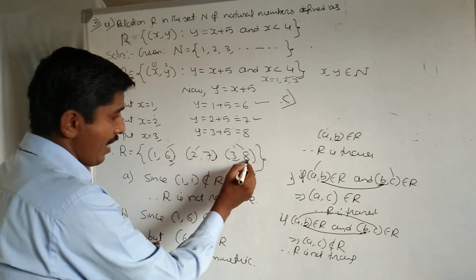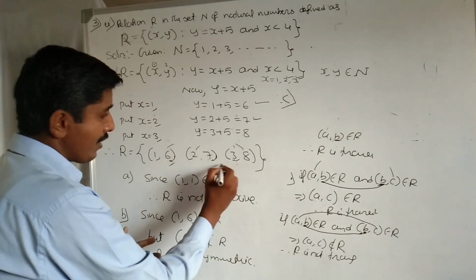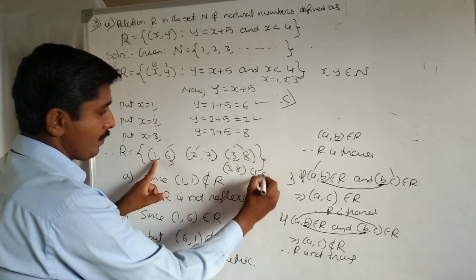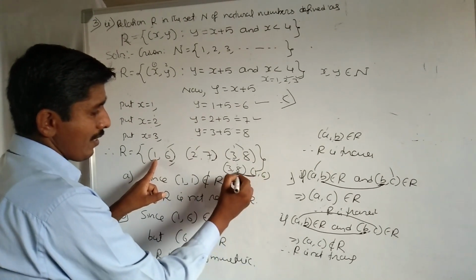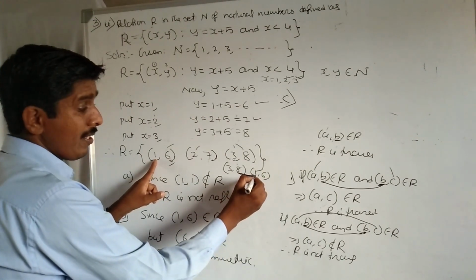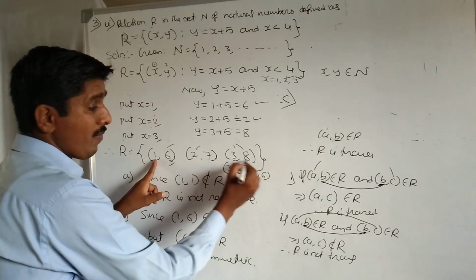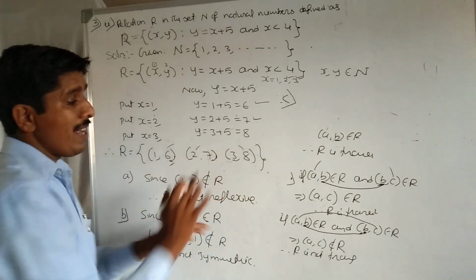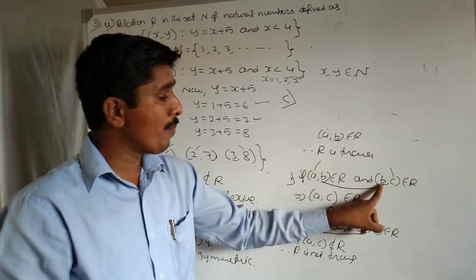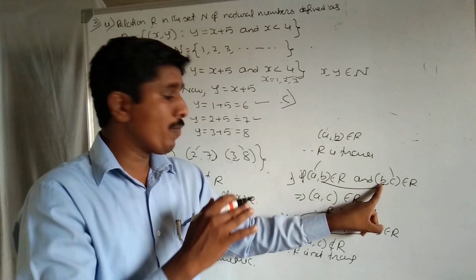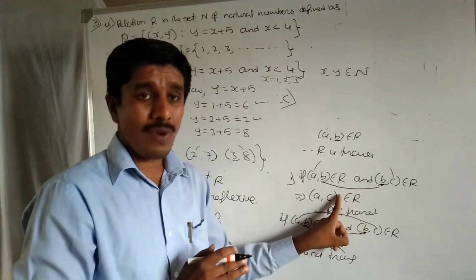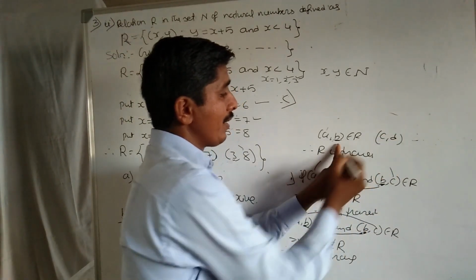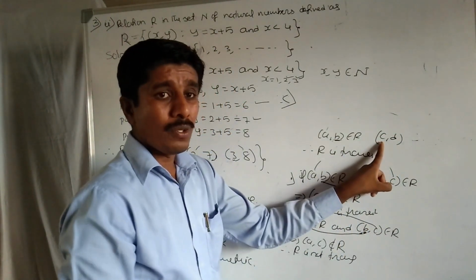If you take (3, 8) and the other one, (1, 6), the middle elements are not equal, so no need to verify whether (3, 6) belongs to the relation. If the middle elements are equal, B equal to B, then for it to be transitive, (A, C) must belong to R. Suppose the middle elements are not equal, B is not equal to C, no need to verify.